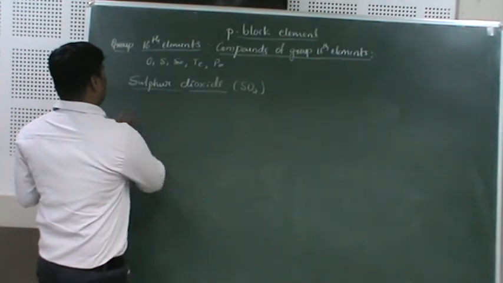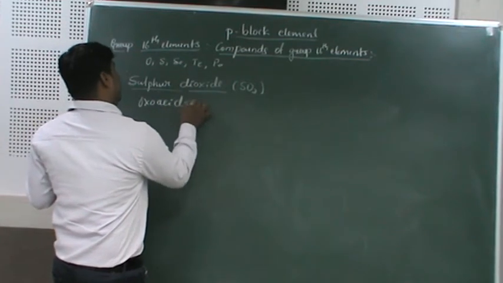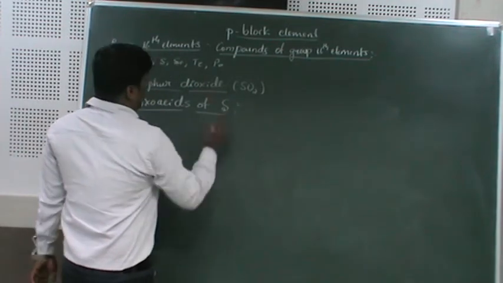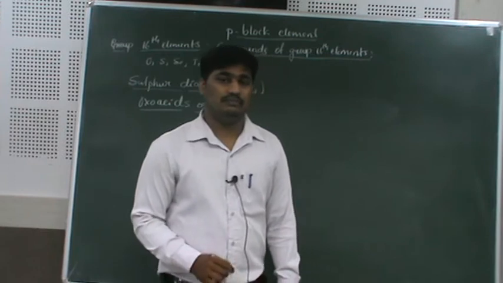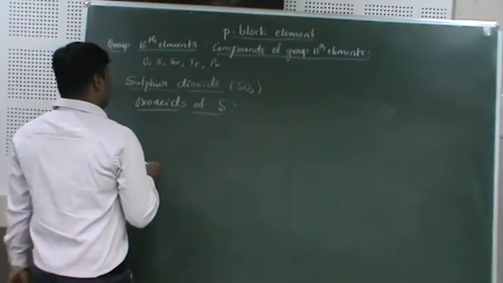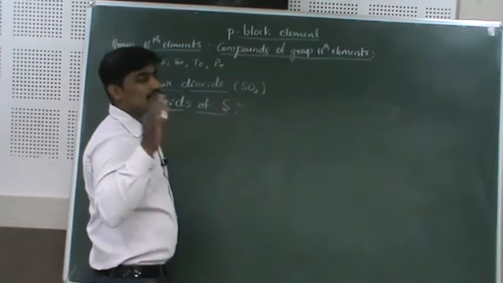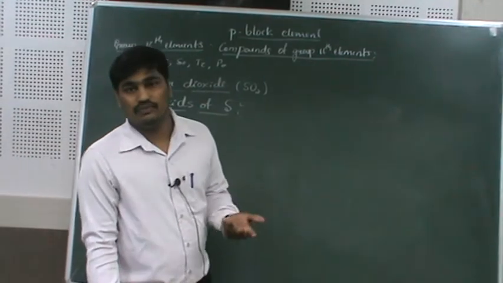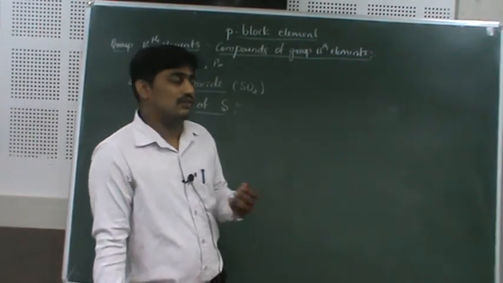Next, oxo acids of sulfur. Oxo acids means hydrogen and oxygen are both present in the compound. Several oxo acids of sulfur are observed, similar to those of phosphorus. We studied the structures of the different oxo acids of phosphorus.